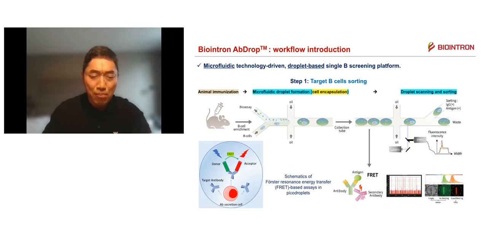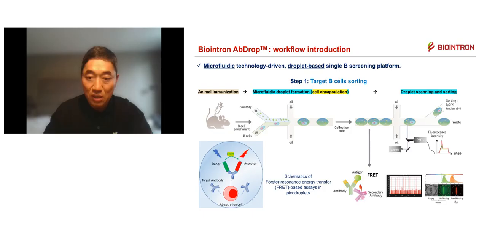To put it simply, when the target antibody is produced, it can be recognized by its target antigen, the green events, followed by the secondary antibody, which binds to the Fc part of the target antibody. Only when this tri-complex forms will the FRET happen. When FRET happens, as the red flash shows, we can detect the fluorescent signal, shown in red.